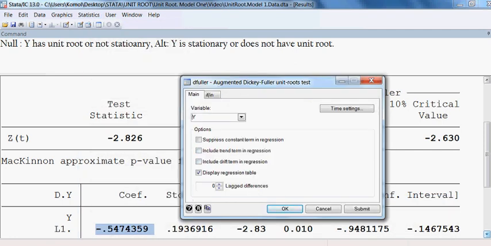Here we have trend and intercept. So I choose this one, include trend term in regression, meaning that this model will have trend and intercept, and I keep lag difference as 0. Now I click on OK.